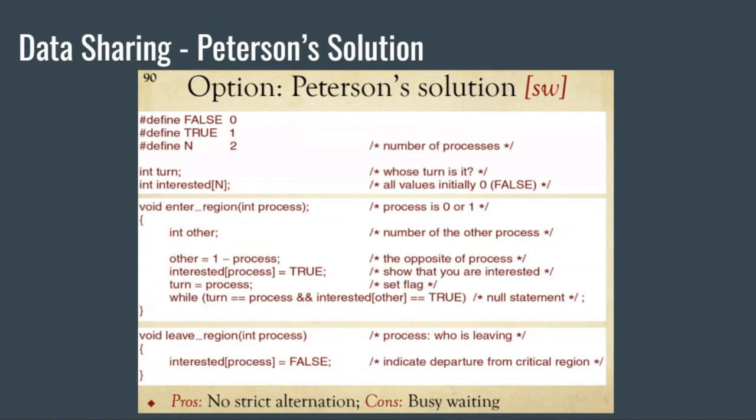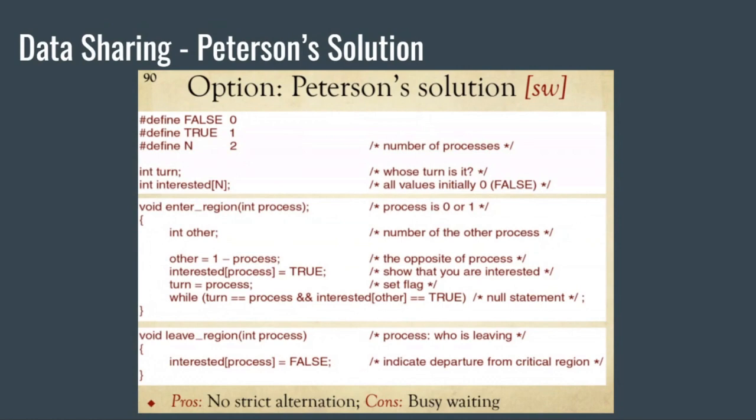Inside your void enter region, you have other, which is just the other process's ID, and then we're going into the array of interested, changing the value for the thread that's interested in running to true so that it can actually do its work.